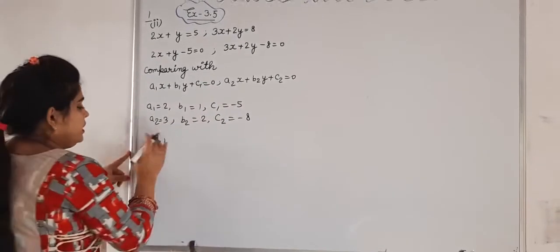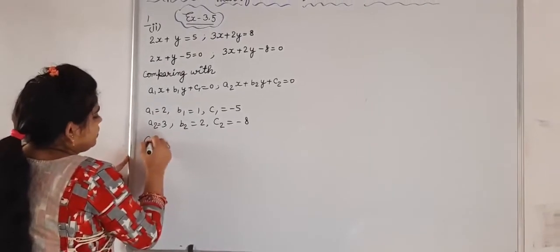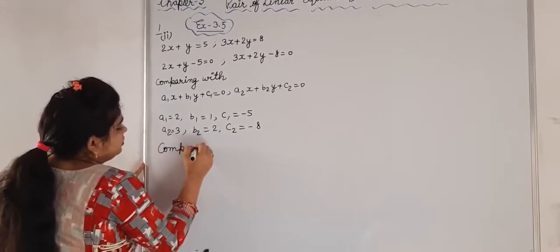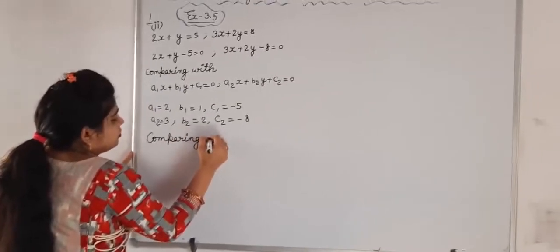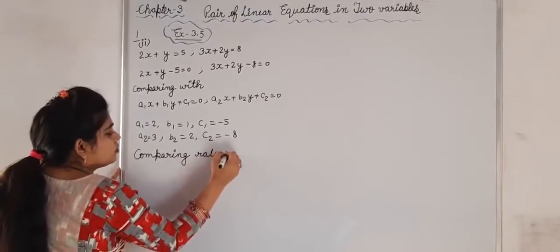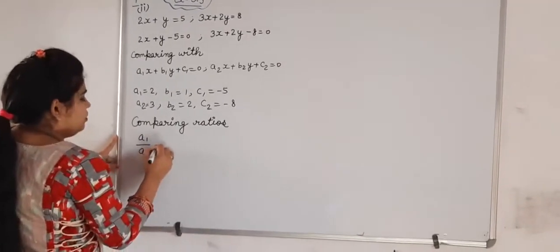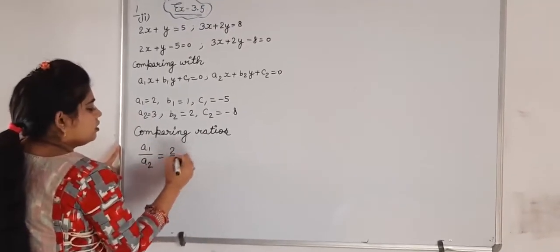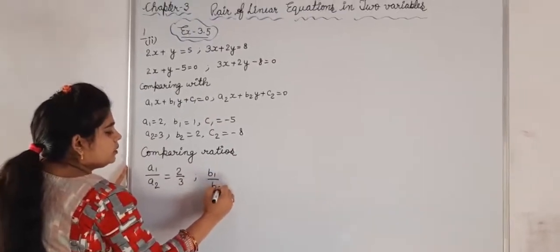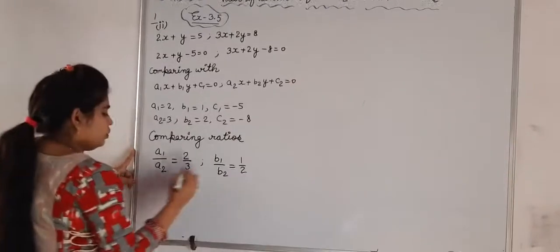Now comparing ratios, a1 by a2 means 2 by 3, b1 by b2 means 1 by 2.